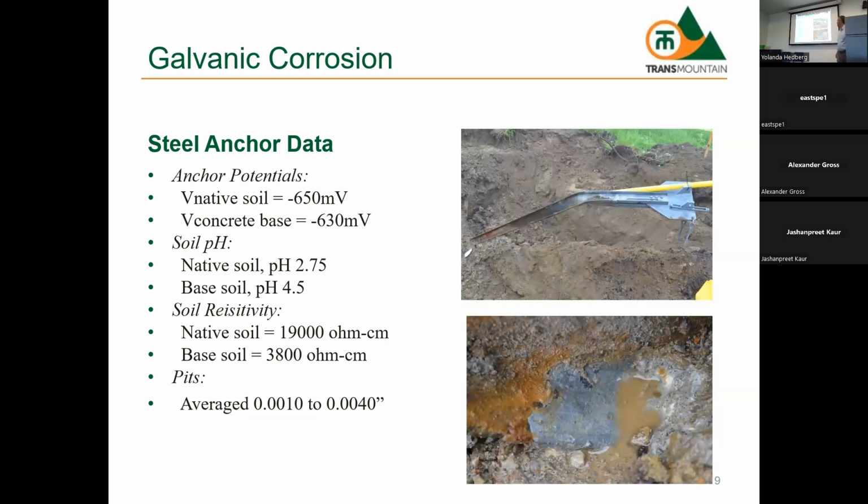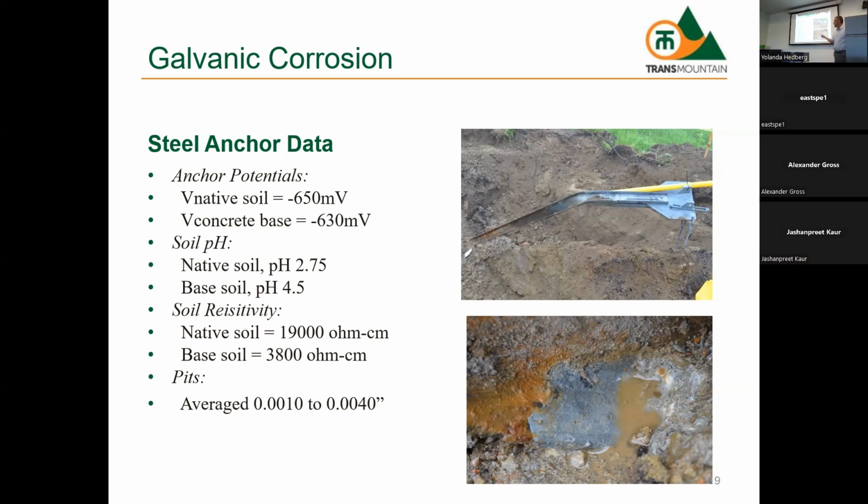Some interesting numbers from this site. When you take a potential of the steel, it's sitting at negative 650. So that's below the cathodic protection level. That's telling me it's not cathodically protected. It's actually very anodic.